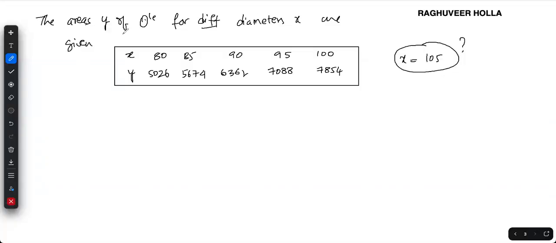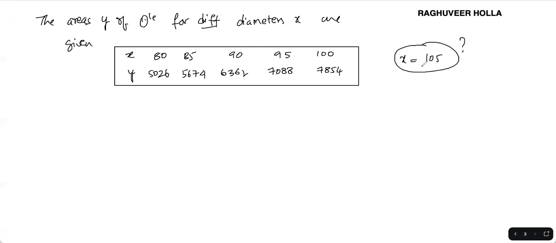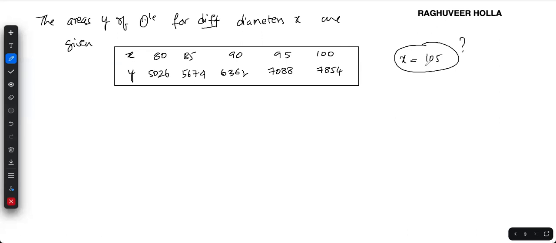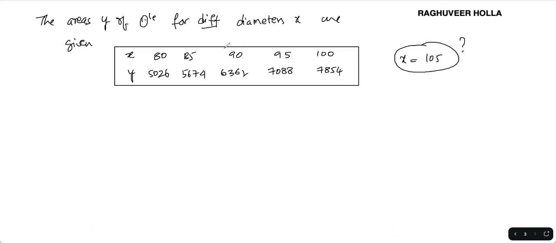So here the areas of the circle with diameter x are given. For 80 it is this, and for 90, 95, and 100. We need to calculate the area for the diameter, which is 105. Here, as you can see, the interval between 80 to 85, 85 to 90, and 90 to 95, and you can find h, the step length, which is 5 again.